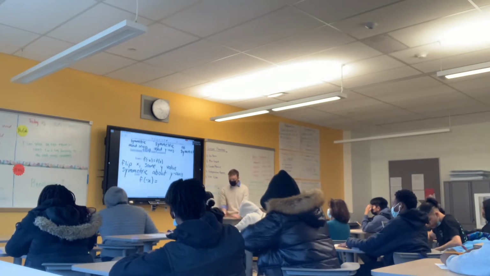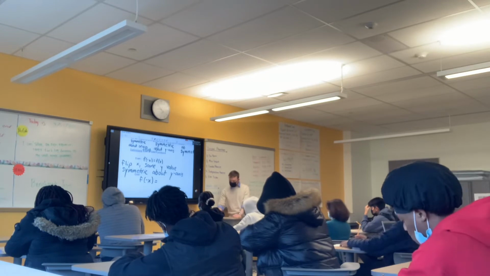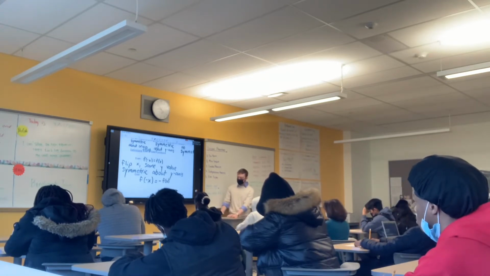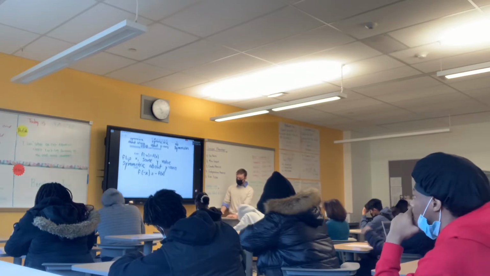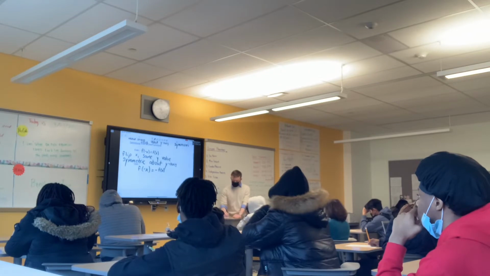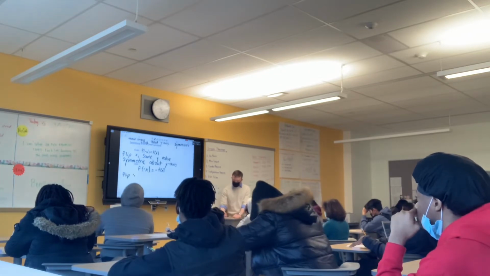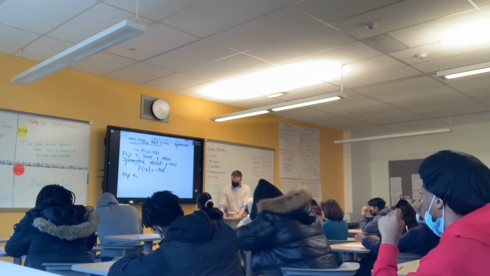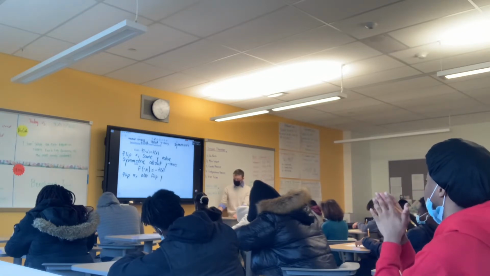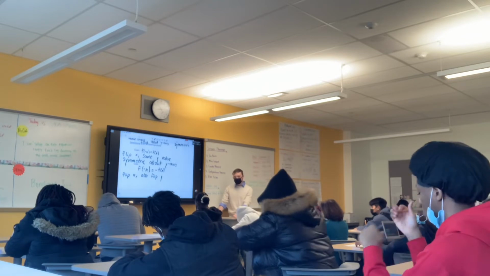So if we start off with a negative x, we also end up with a negative y. So we say we flip the x, we also flip the y. And this one's for odd.